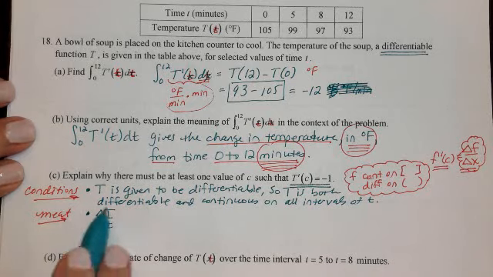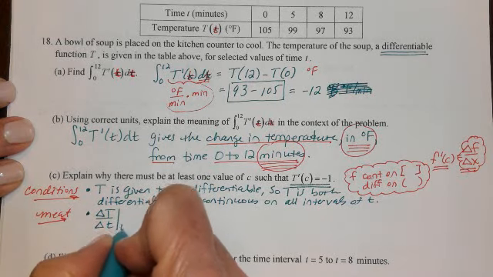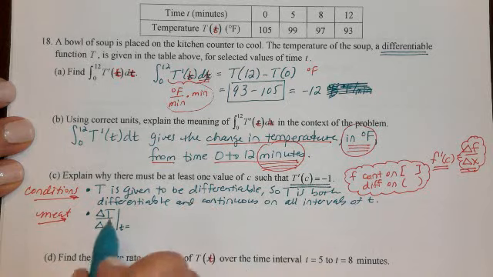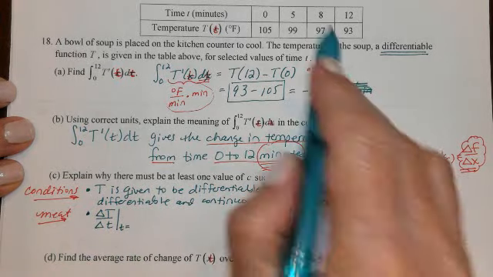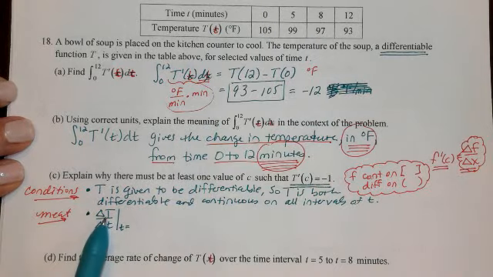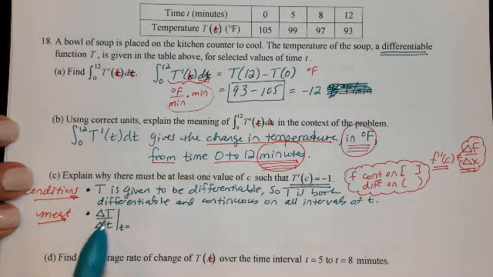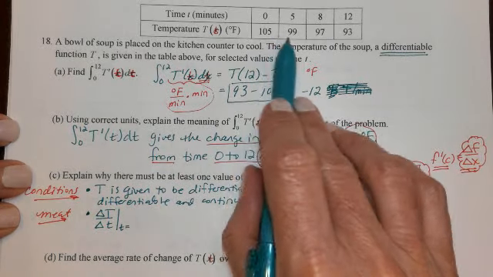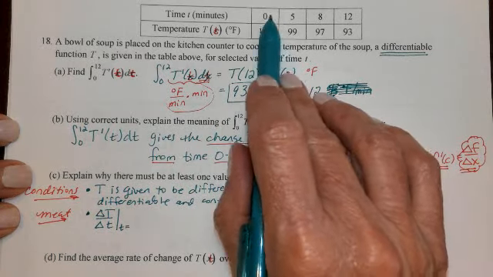So I'm going to come down here, the average slope, and you know what? You don't have to write this part, okay? But I want to find 2 times such that the average slope is -1. So I'm looking at my table. I want the difference of the temperature divided by the difference of time to be -1. If I look here, this difference is 6, this difference is 5.